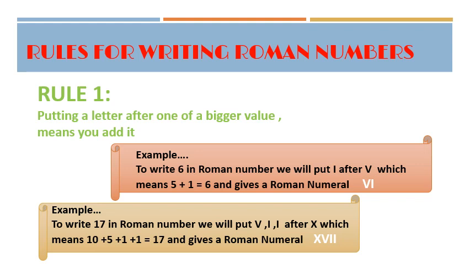To write 17 in Roman numbers, we will put VII after X, which means 10 plus 5, 5 stands for V, plus 1, that is I, again plus 1, that is I, that gives us 17. And we write the Roman numeral as XVII. 10 and 7 gives us 17.